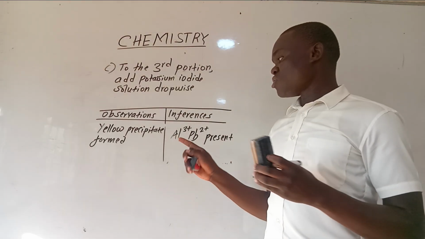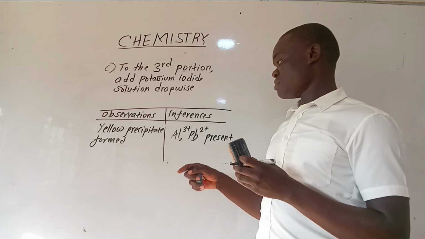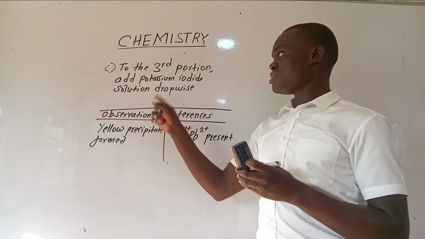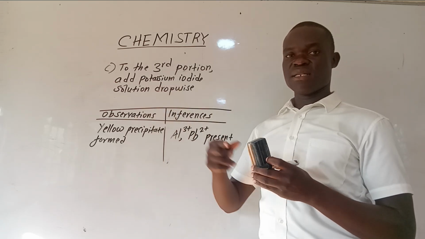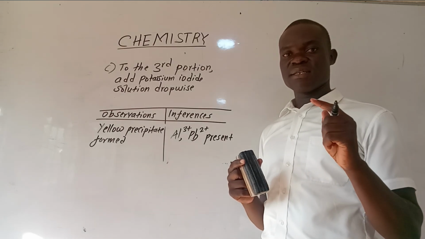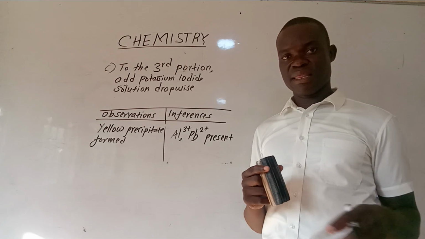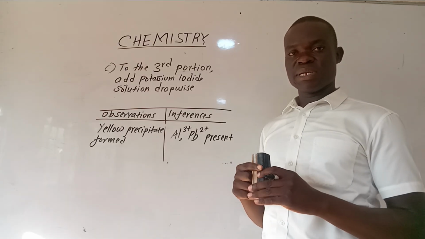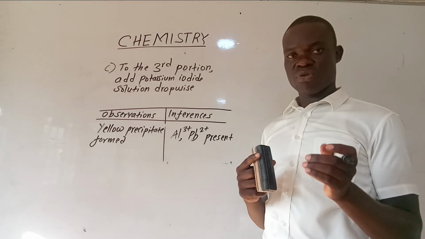Out of these two ions, it is lead that forms a yellow precipitate with potassium iodide. So if you see a yellow precipitate, just know that lead ion is present in that solution, because lead ion forms a yellow precipitate with potassium iodide reagent or solution.